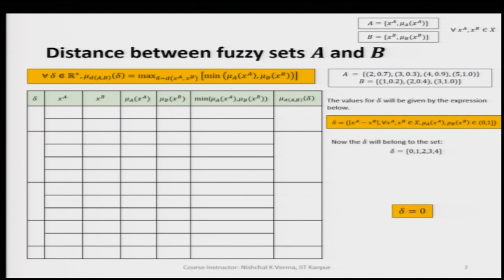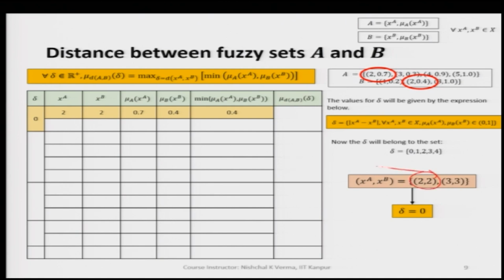Let us now start with delta equal to 0. Here we see that we have these two pairs for which we get delta equal to 0. It is like this, and these values are filled over here.